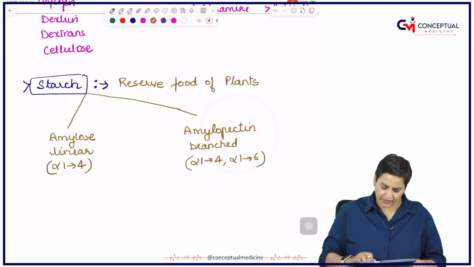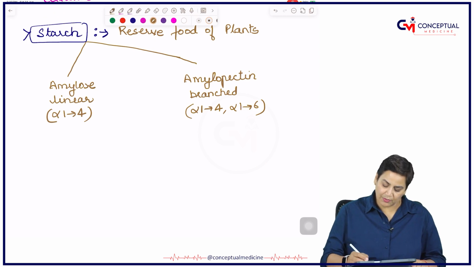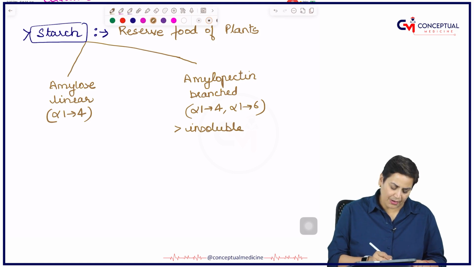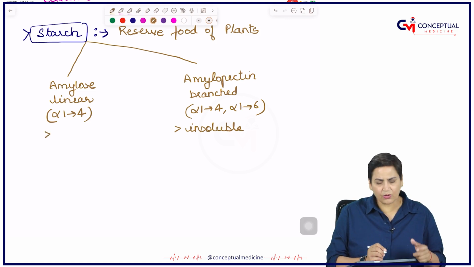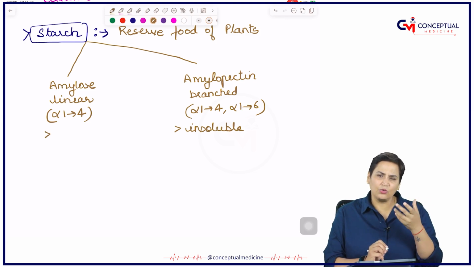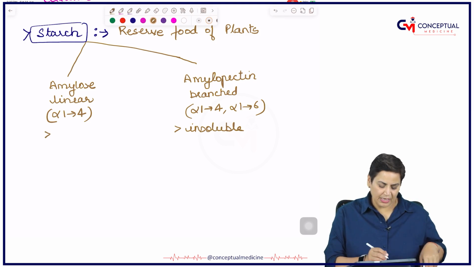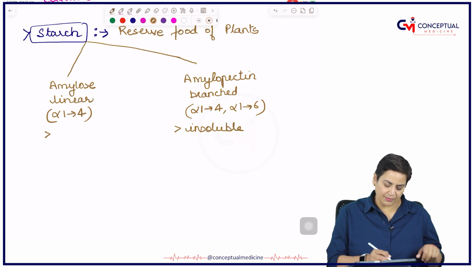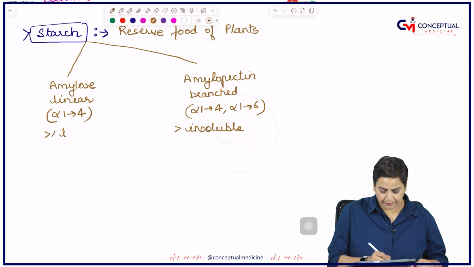So amylopectin is insoluble, or least soluble, and amylose is slightly soluble, because whenever we have to mix starch, we always need to warm it a little bit.